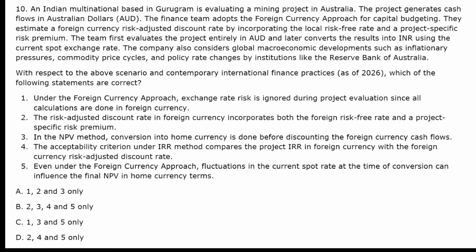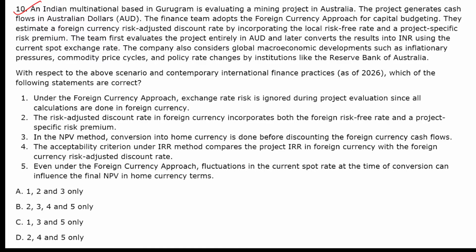An Indian multinational based in Gurgaon is evaluating a mining project in Australia. Okay, so India and Australia. The project generates cash flow in AUD. The finance team adopts the foreign currency approach for capital budgeting. They estimate a foreign currency risk-adjusted discount rate by incorporating the local risk rate, risk-free rate, and project-specific risk premium.